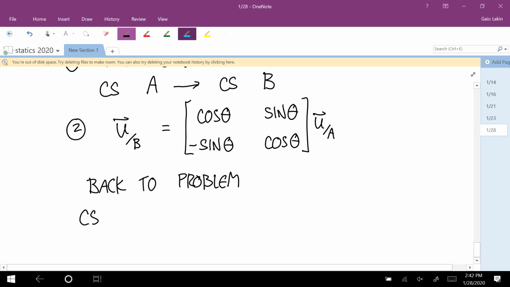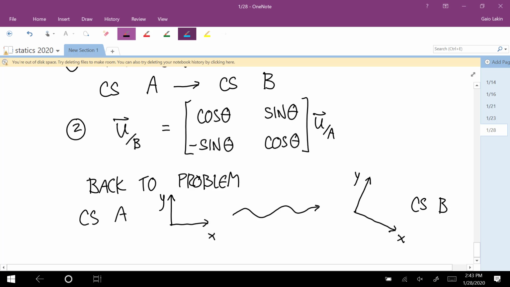Our coordinate system A is like this. And we want to go to coordinate system B like this. What's the counterclockwise angle that we need to start at A and end up at B? That's right. So theta is equal to minus 20 degrees.